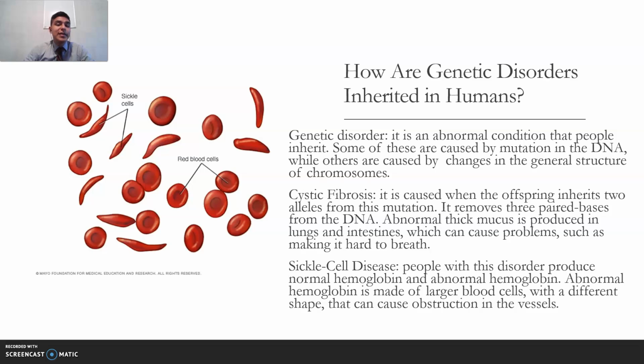So if too many of the sickle cells obstruct a vessel, for example in the arm of a person, blood cannot flow properly through that limb. When the organism perceives something like that, the heart is going to start trying to pump the blood harder and harder.